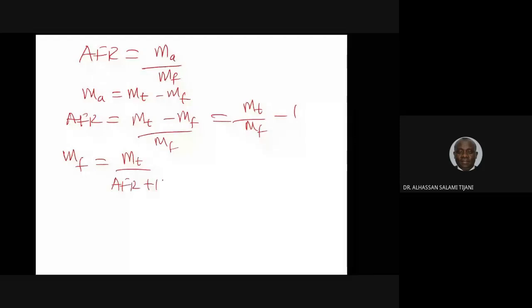So this gives me 4.4133 times 10 raised to the power minus 4 divided by 15.7. So the mass of the fuel eventually gives me 2.811 times 10 raised to the power minus 5 kilogram.